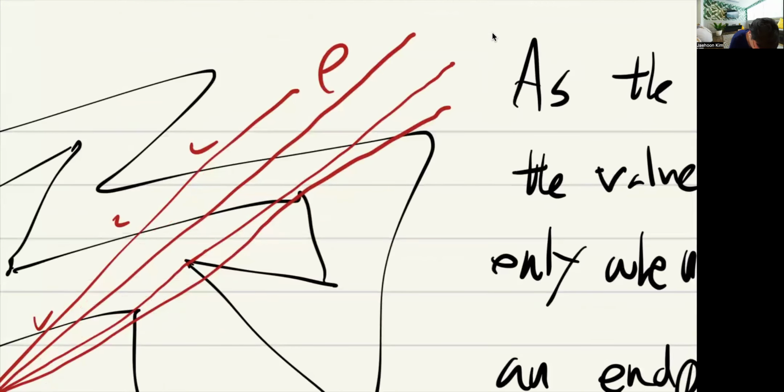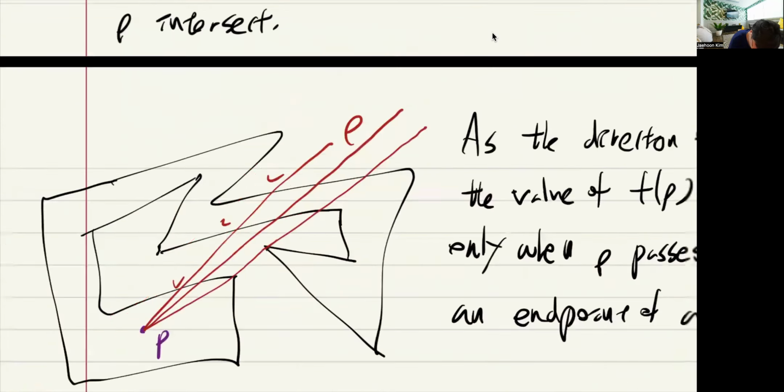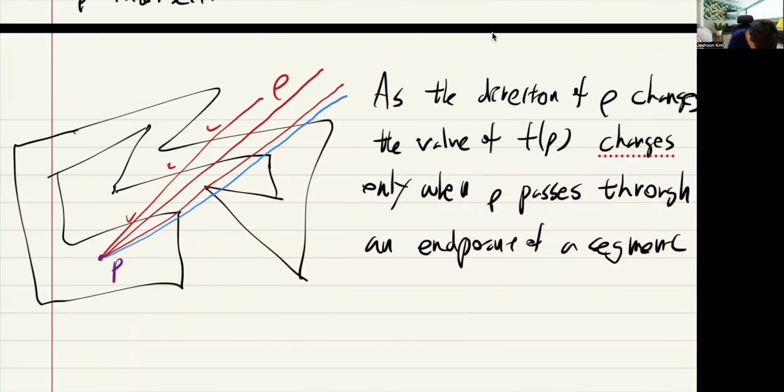Let's draw this in a better way. Yeah, it may change because before, this segment was intersecting, but at the time it hits, it's intersecting two segments, and then moving slightly away, it's intersecting this one, but not here.